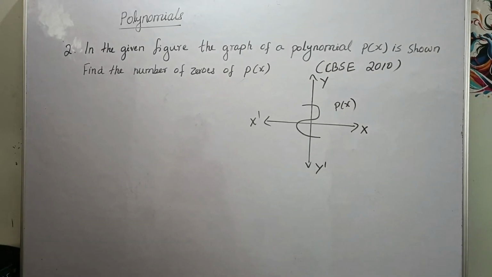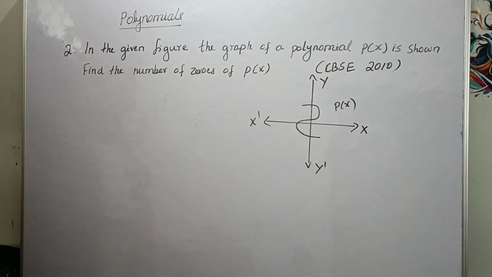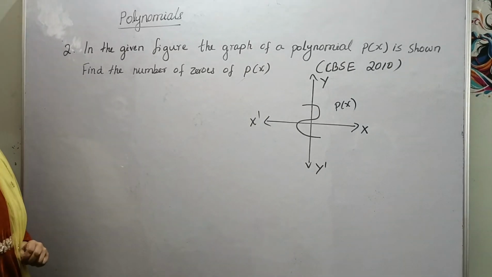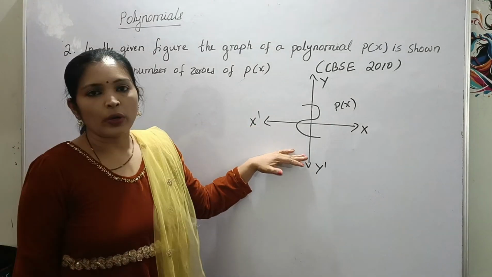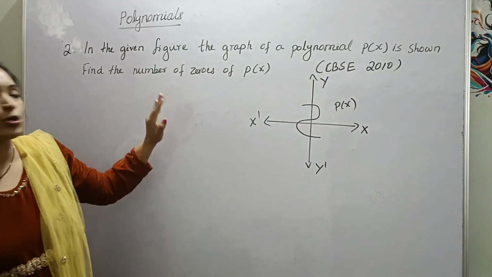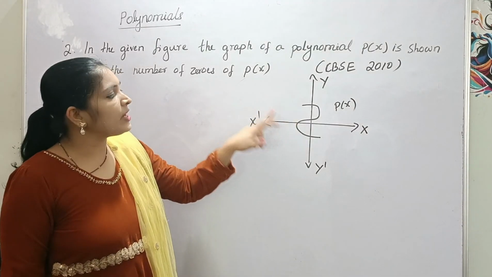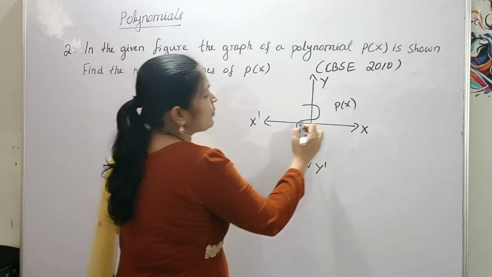Look at this question, very important question, CBSE 2010 question. In the given figure, the graph of a polynomial p of x is shown. Find the number of zeros of p of x. See here this graph is given. It is clear that this graph intersects the x-axis at only one point, that is this point, right?